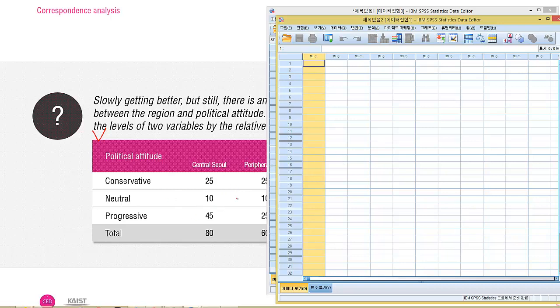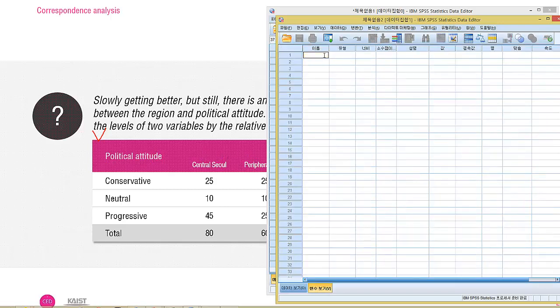Actually, we have 3 types of information here. The first 2 are indicating the row information and the column information. Here, the row information is about political attitude, and the column information is about the regional division.